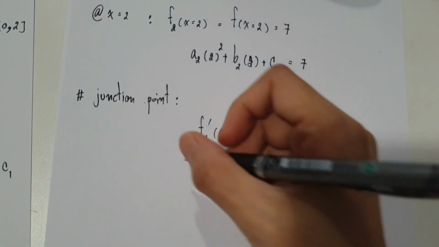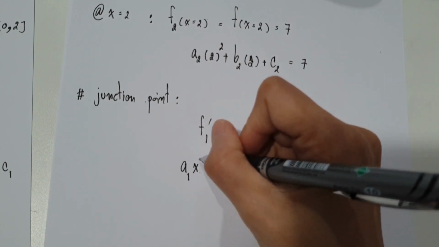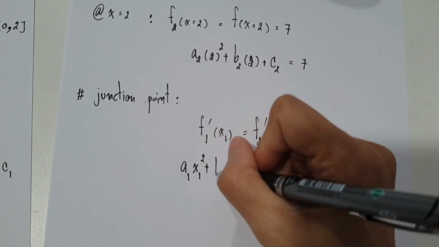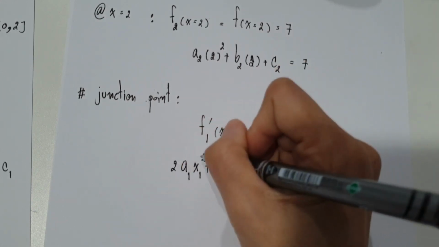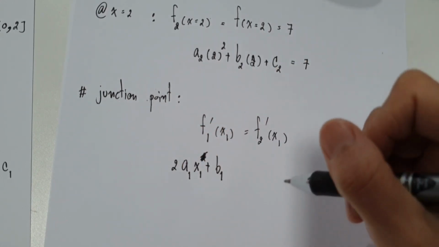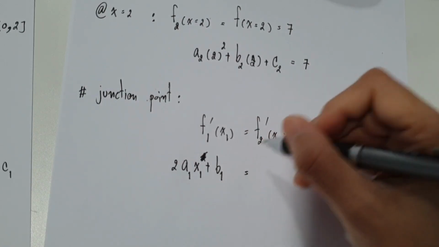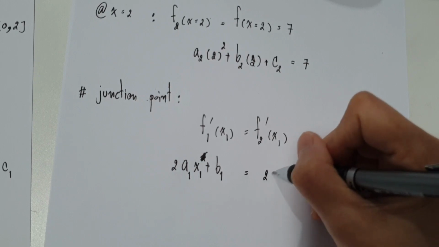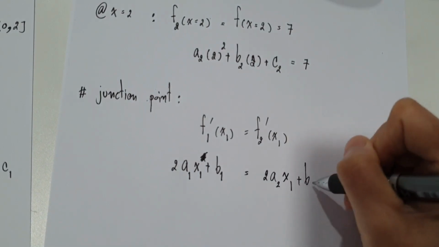So from here, 2a1x1 plus b1 would equal to 2a2x1 plus b2.